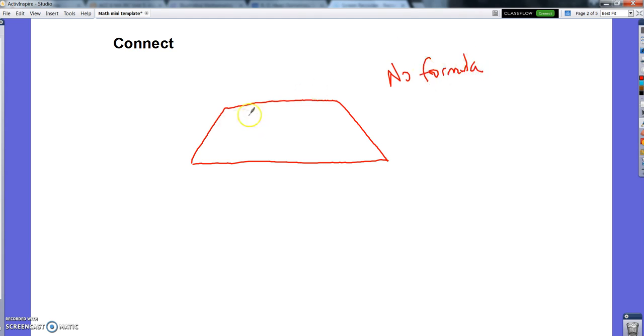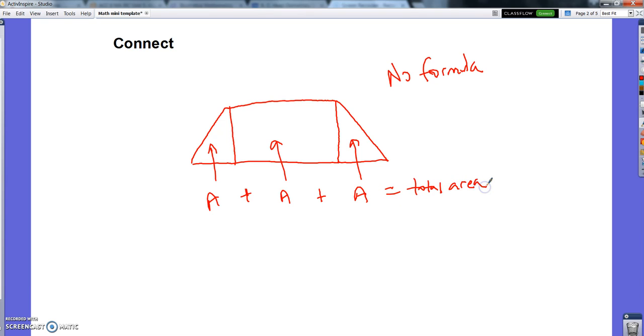We had to cut it into 2 or 3 different figures, find the area of this, and the area of this, and the area of this, and add them all together to get the total area. And that's what we're going to do today. We're going to look at some figures that don't have a formula, don't even necessarily have an easy name, and just see how those go.